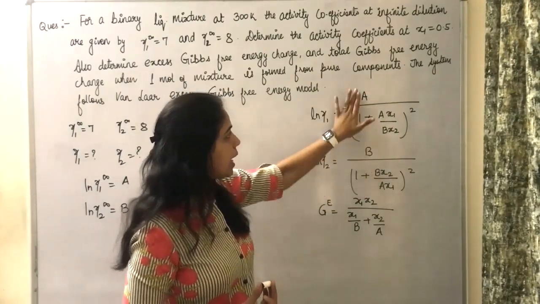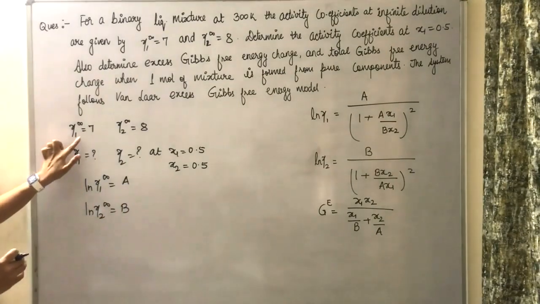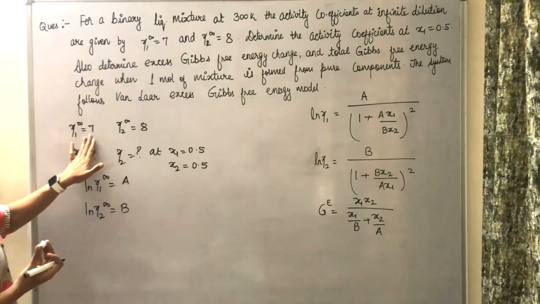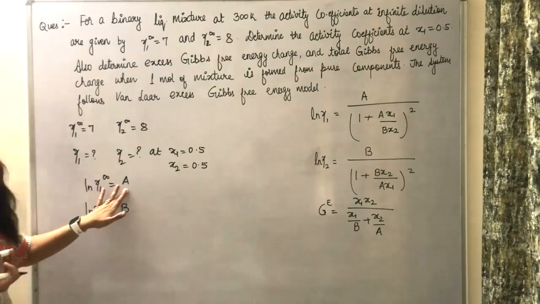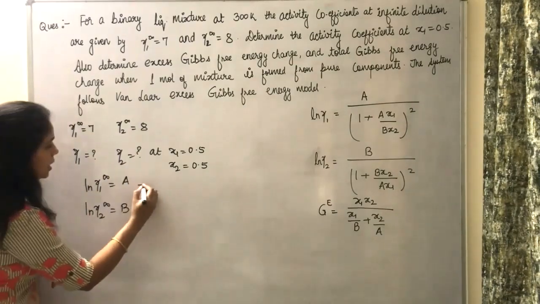The only unknowns are the parameters A and B. Because infinite dilution is given, with the help of these two quantities we can find the values of A and B.